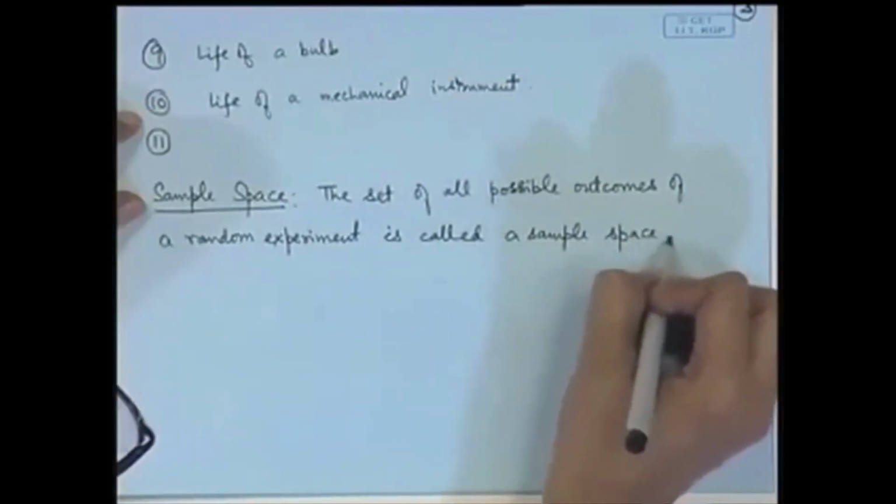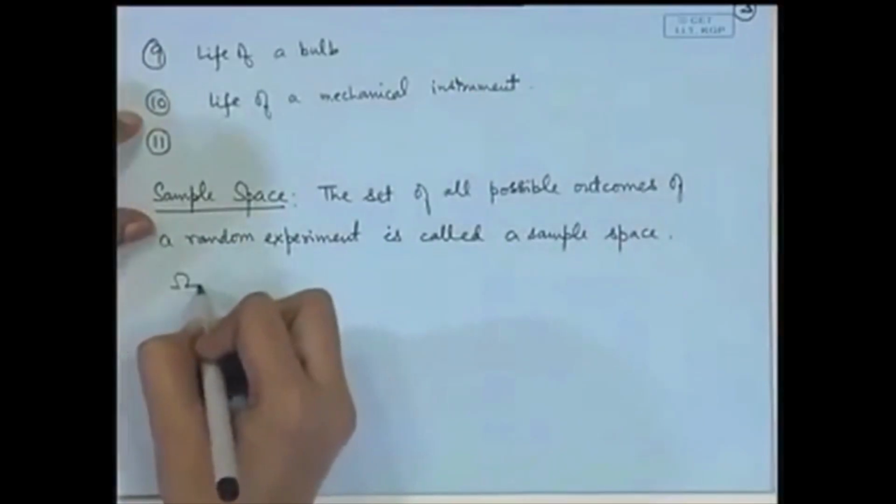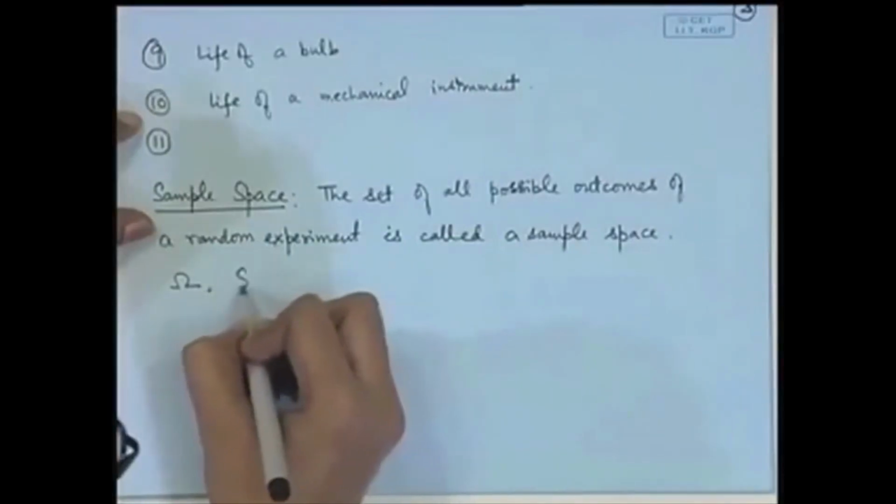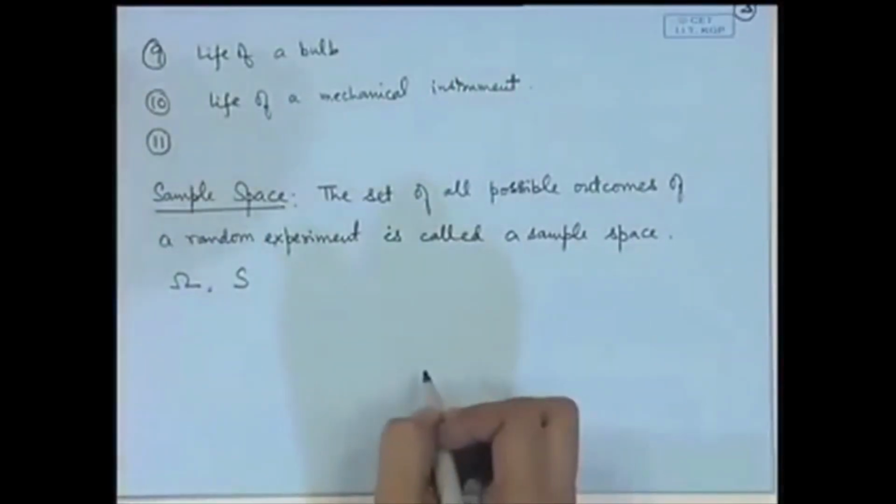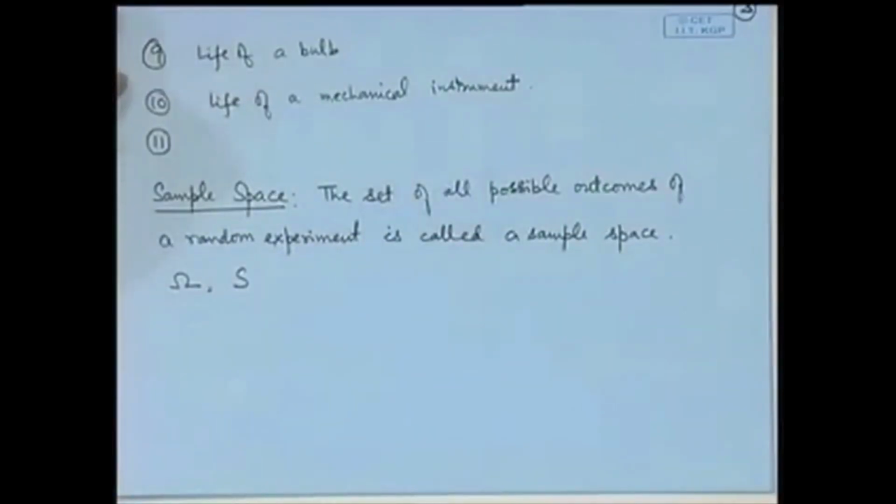The usual notations we will use are either capital omega or capital S, etc., to denote the sample space. So, let us consider some examples.